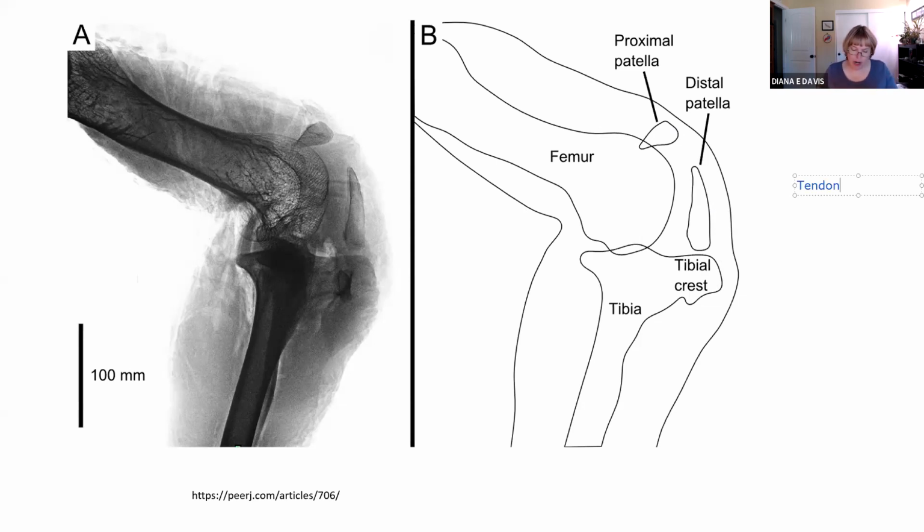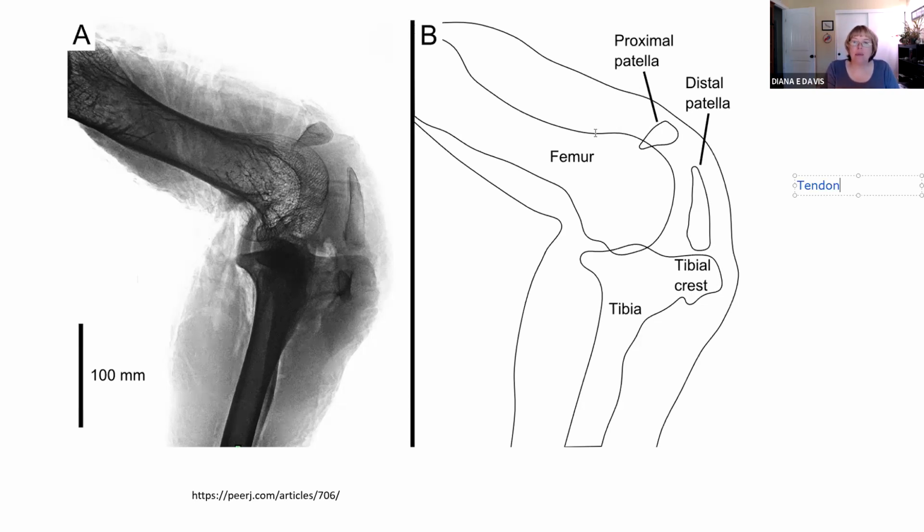So, you know, if you stretch a rubber band, it's trying to pull back on itself. And what we think is going on is that these patella allow that tendon to stretch like a rubber band. And then when the bird is bringing its leg forward again, it has that stretched tendon helping to pull the leg forward.